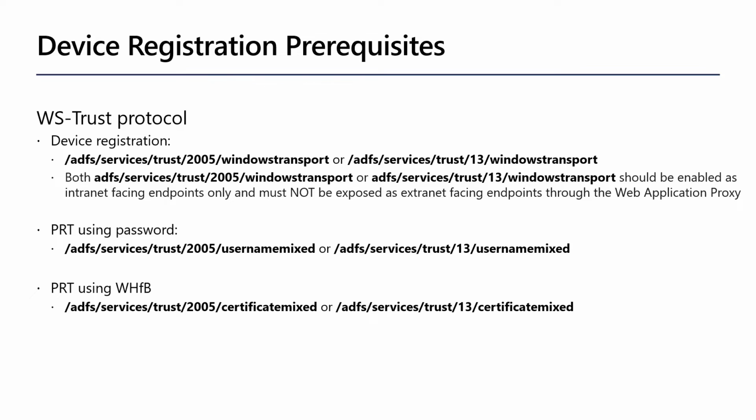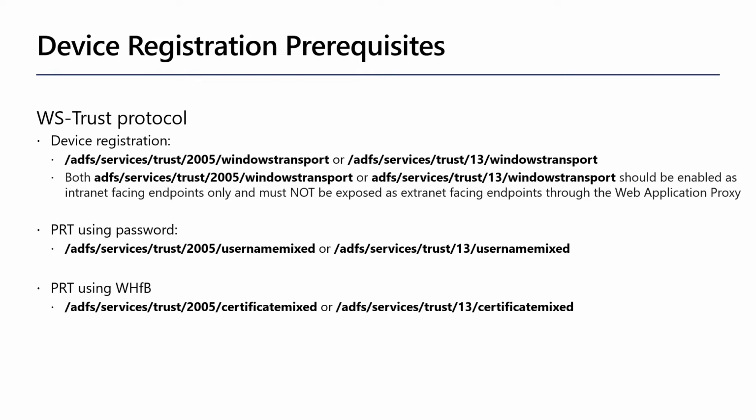For device registration, it's required to have the Windows Transport endpoint enabled on the ADFS server, and you can enable either the 2005 or 13 endpoint. And keep in mind, the Windows Transport endpoint allows Kerberos authentication, which means it should be enabled only inside the corporate network, but it shouldn't be published through the ADFS web application proxy to the external network.